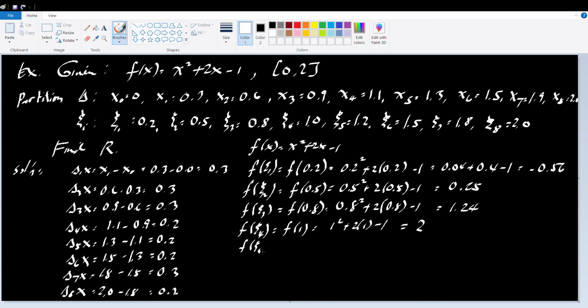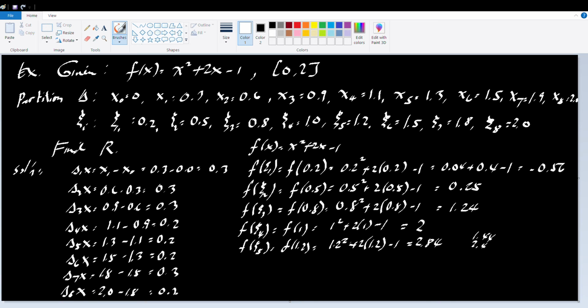f of c sub 5, our c sub 5 is 1.2. So 1.2 squared plus 2 times 1.2 minus 1. How much is that? 1.44 plus 2.4 minus 1 is 3.84. Okay? Wait. 2.84. Again, 1.2 squared is 1.44. 2 times 1.2 is 2.4.